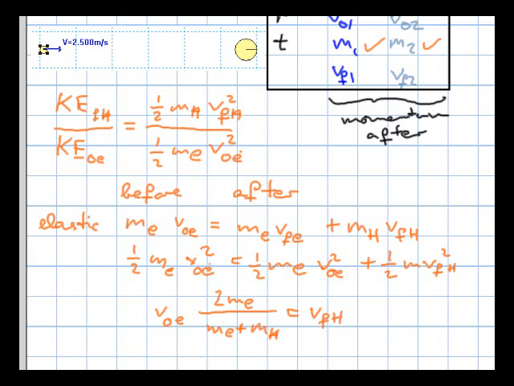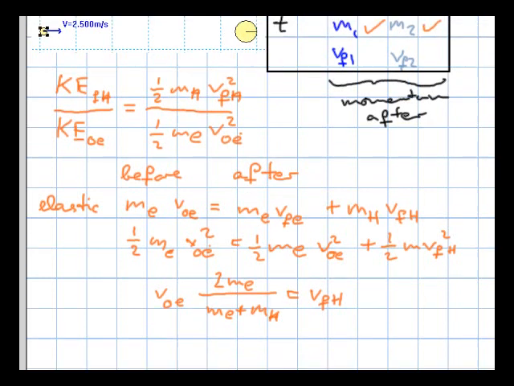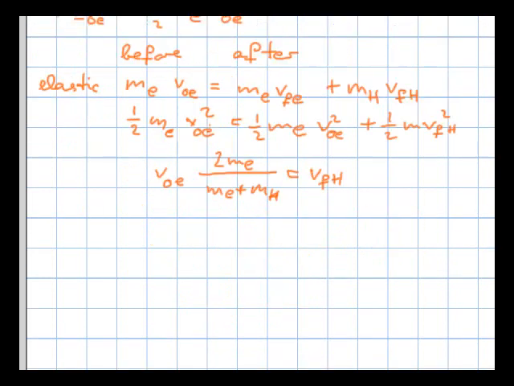So, going on with the algebra, here's what I'm going to do. I need some more space. I'm going to have still that ratio up there, the kinetic energy ratio, KE ratio, I guess I call it.